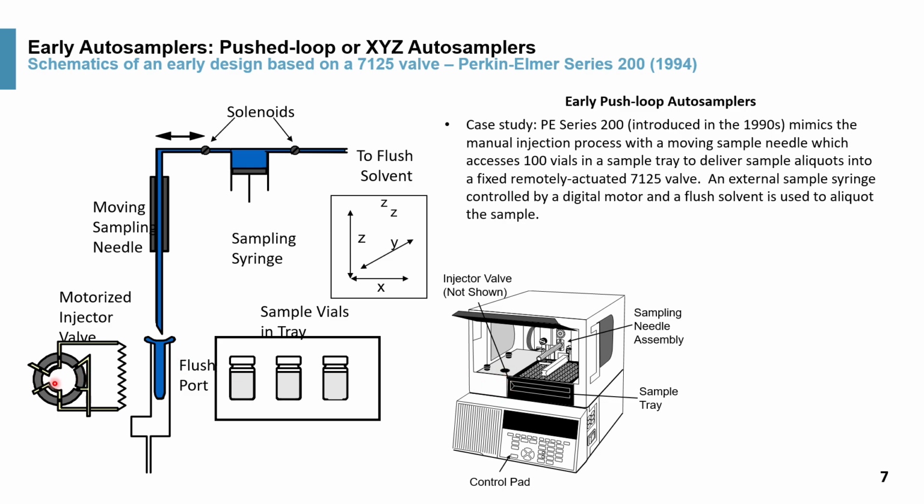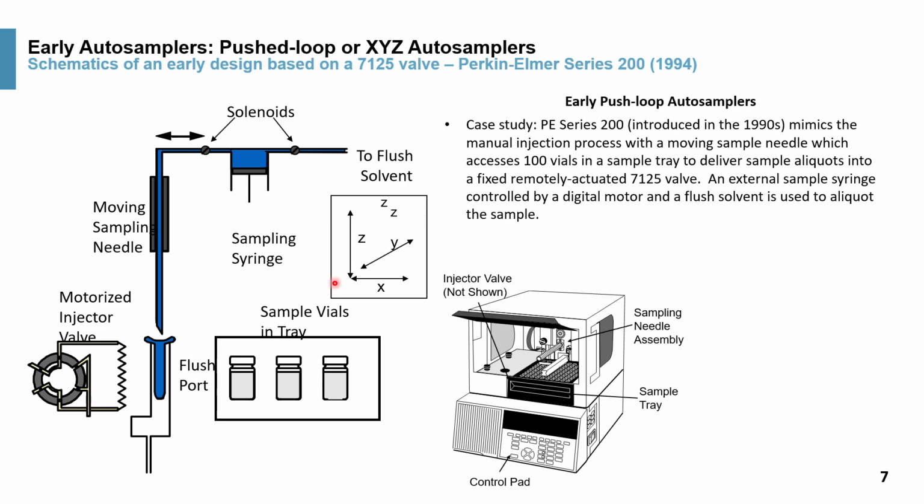So you have a stationary valve with the needle port, which is accessible by this traveling needle. So instead of the user using the needle, you have a traveling needle in the X and Y position. The X and Y positions are being tracked by this screw drive mechanism, right? It allows you to access up to 100 vials in a sample tray, which is thermostated.